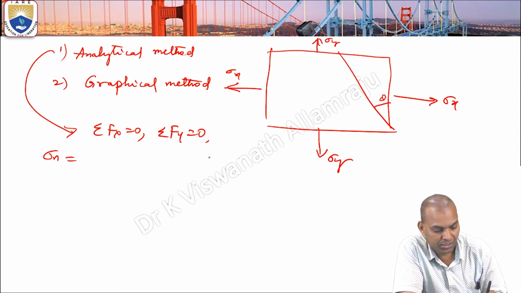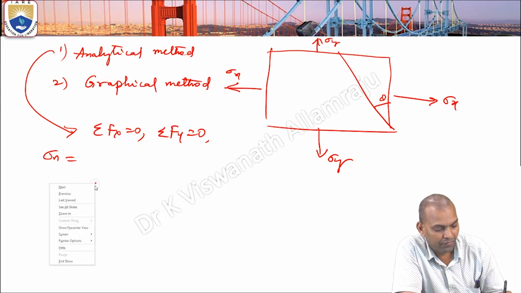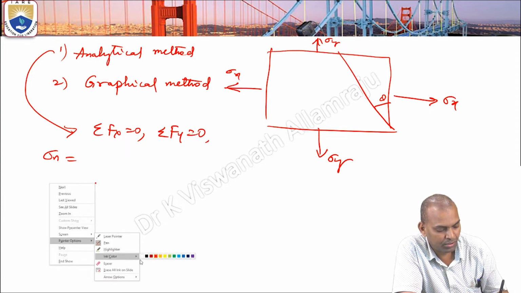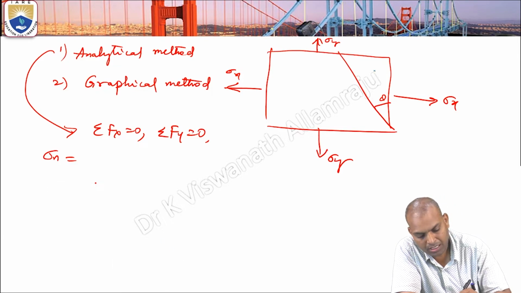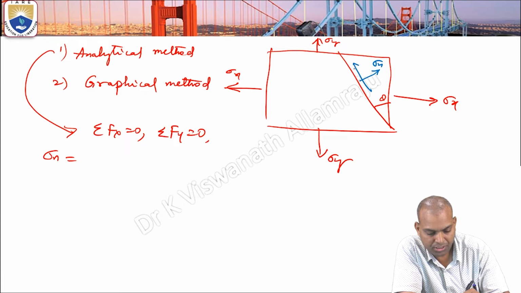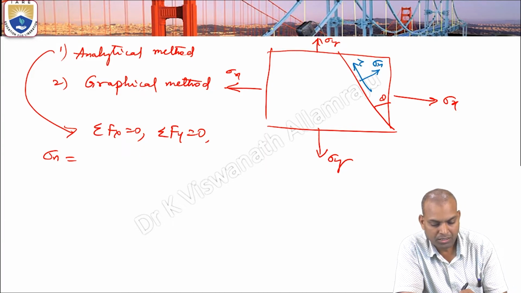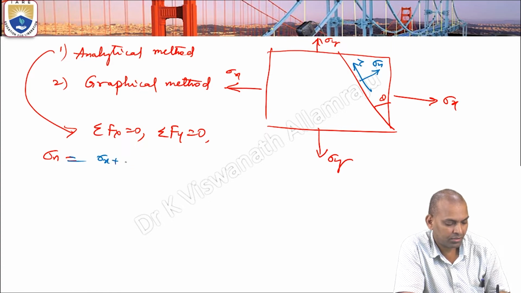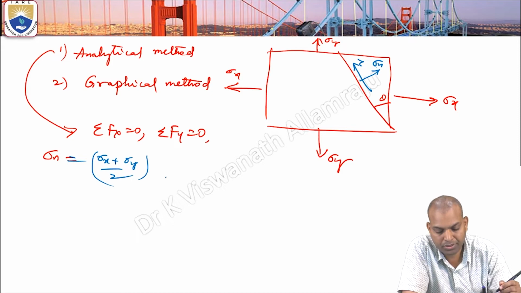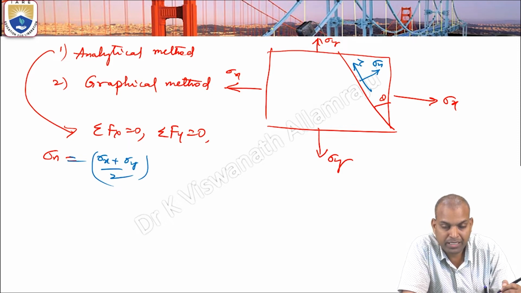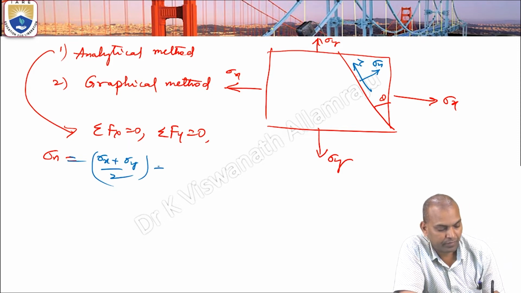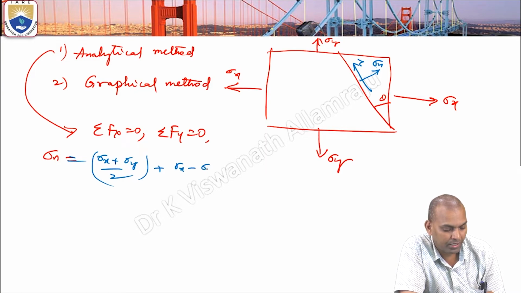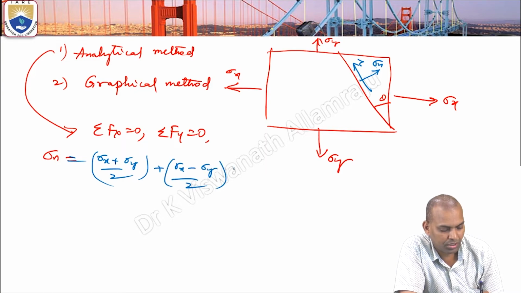What is the normal stress here, which acts normal to the plane? That is sigma n. The tangential shear is tau. Sigma n is equal to sigma x plus sigma y by 2, plus sigma x minus sigma y by 2 cos 2 theta.